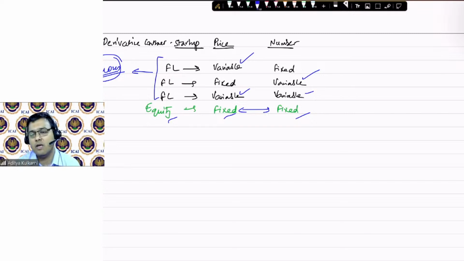So that is what you will have to understand. If you have understood the whole discussion till now, well and good. In case you have not, just remember that if both are fixed, the contract is equity in nature. If even one of them is variable, could be both also, then the contract ends up being a financial liability.